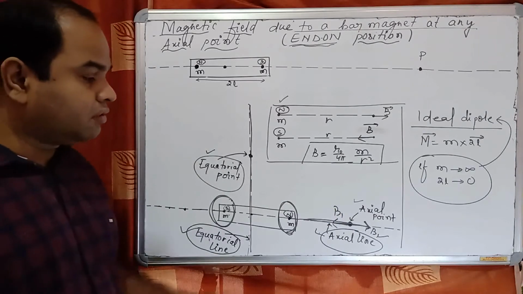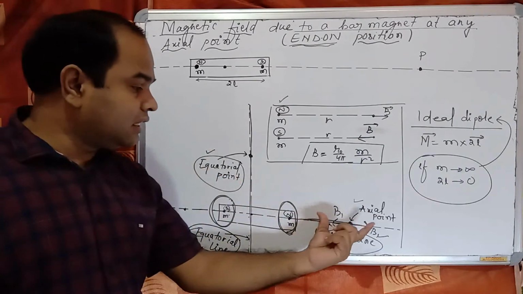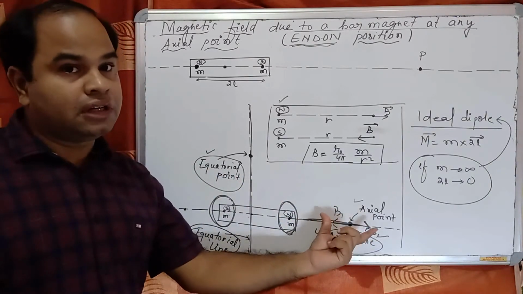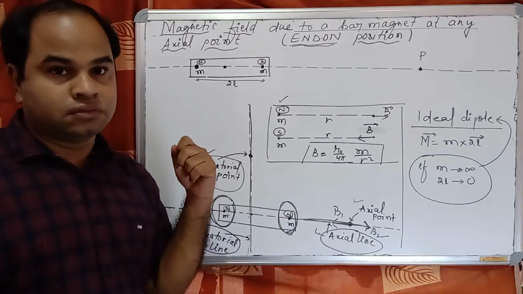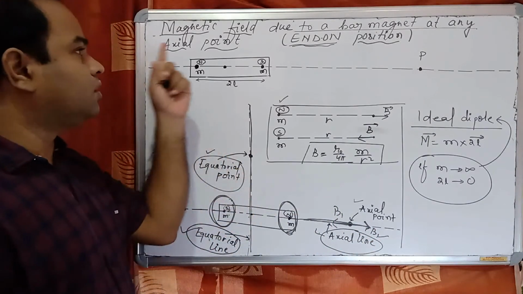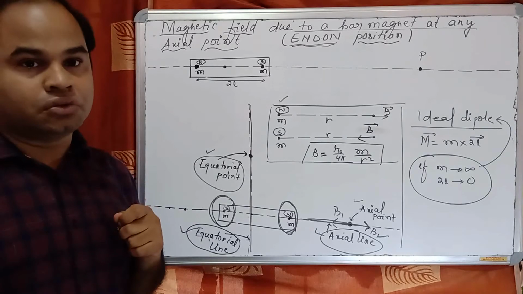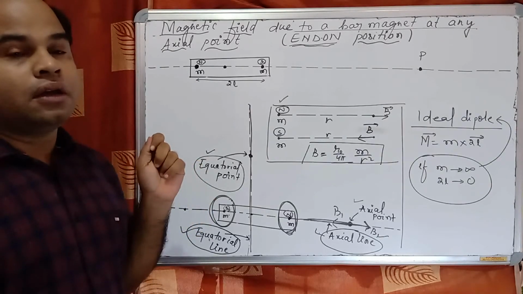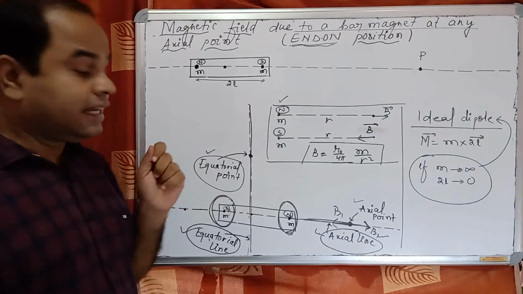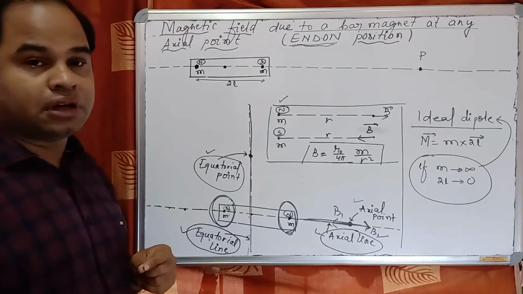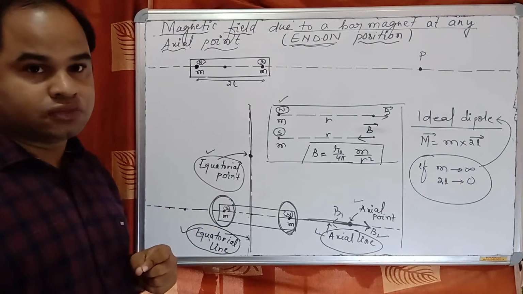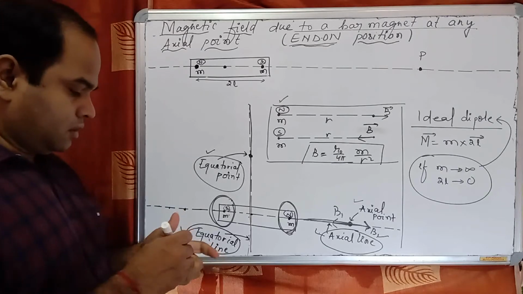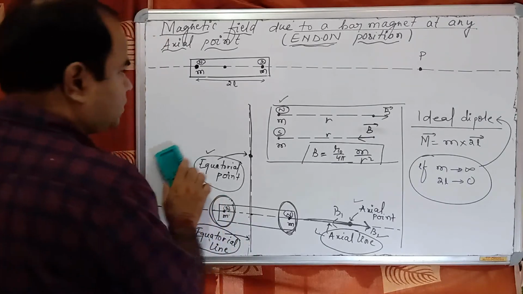So by using vectors, we will find the net magnetic field at this point, which is the heading of this long question. You have to find the net magnetic field at any axial point of a bar magnet.